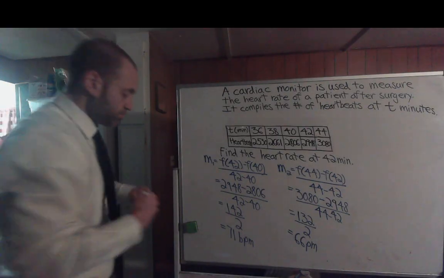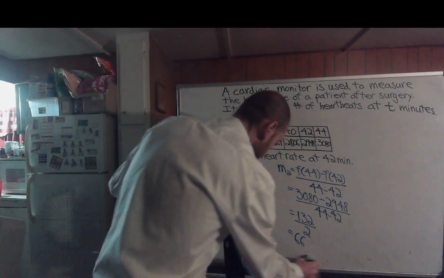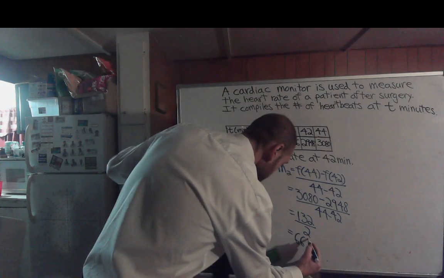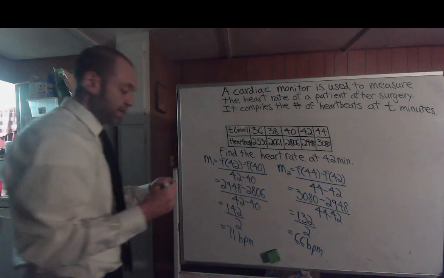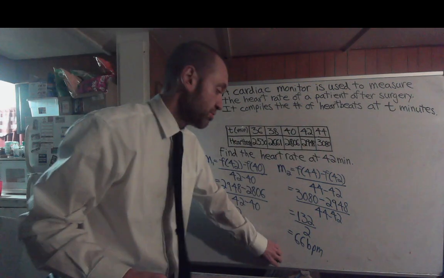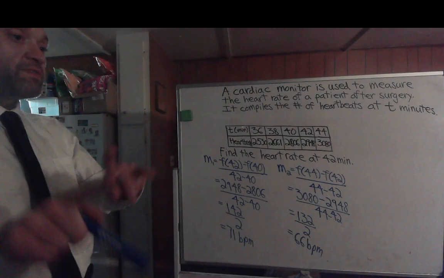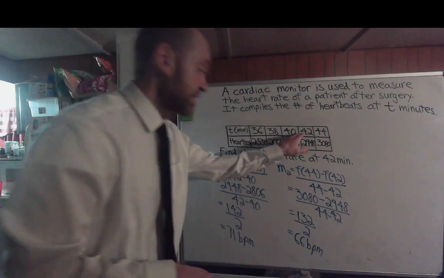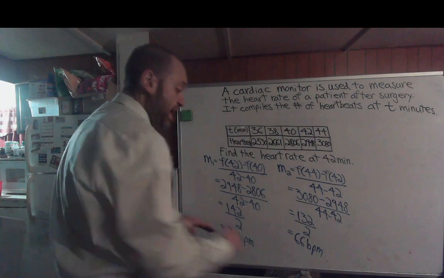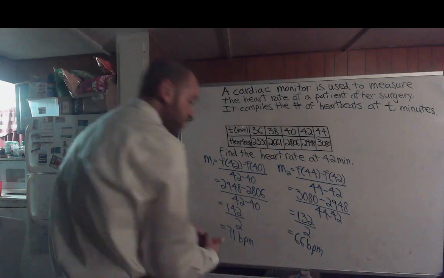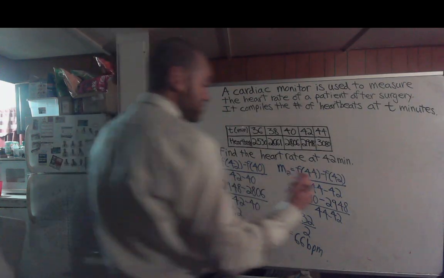So, I forgot the B. So your average heart rate from the time 42 to 44 minutes is 66 beats per minute. Now, if we want to find the instantaneous heart rate at time 42 minutes, we should take the average of these two average heart rates, and then we should be able to get that.